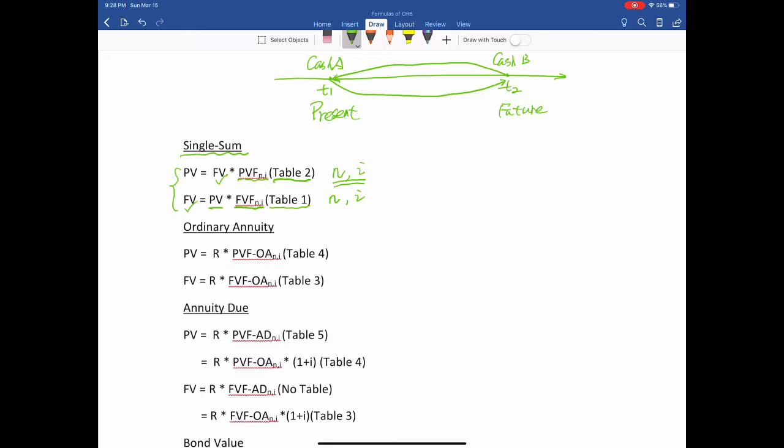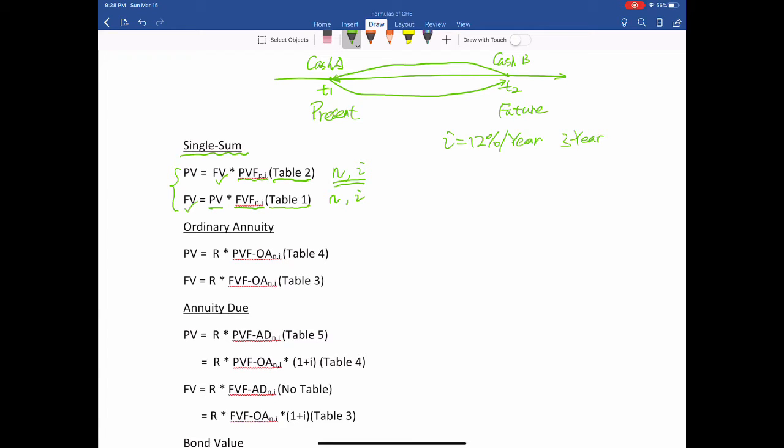For example, if I say the annual interest rate is 12%, and now we have a total of 3 years.